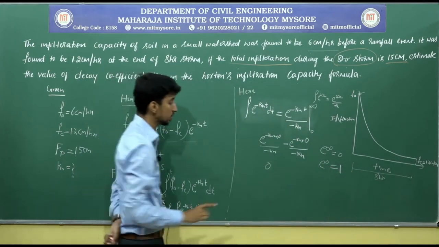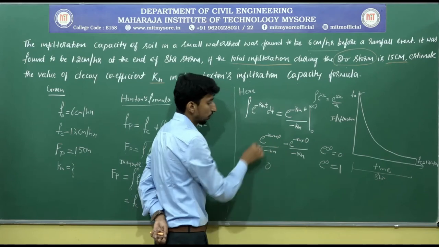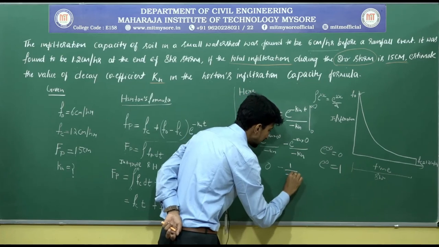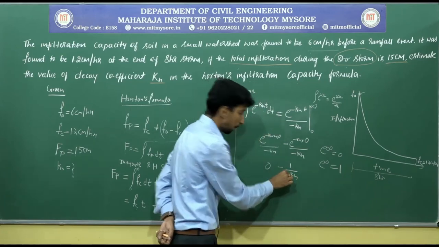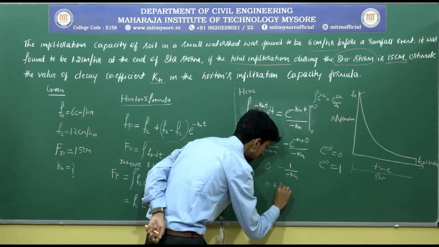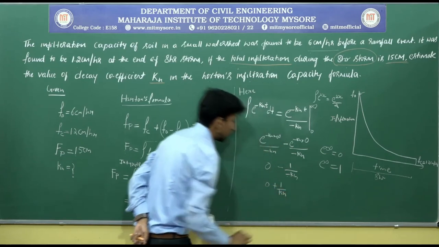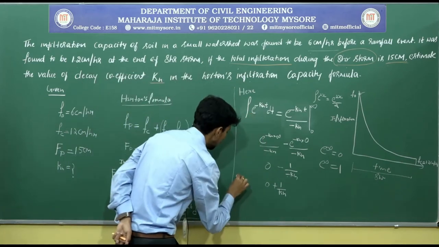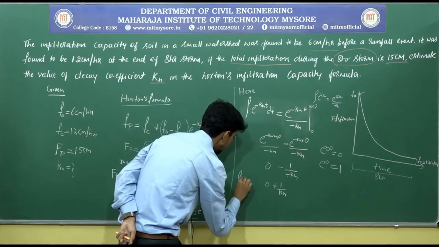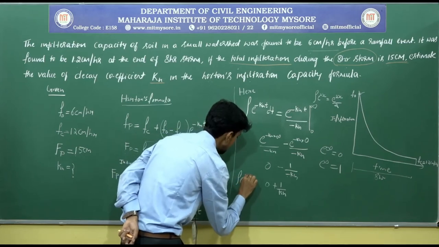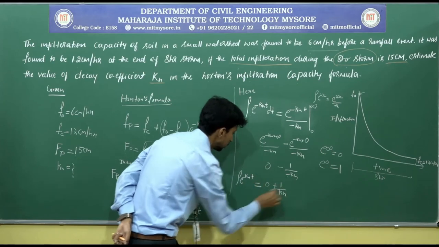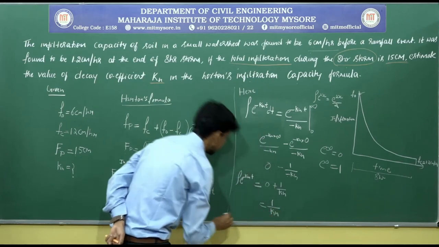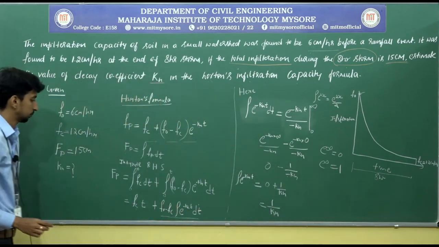So this term will become 0 and this term will become 1 by minus kh. Minus and minus will become plus, so 0 plus 1 by kh. The integration of e power minus kh t will be equal to 1 by kh.